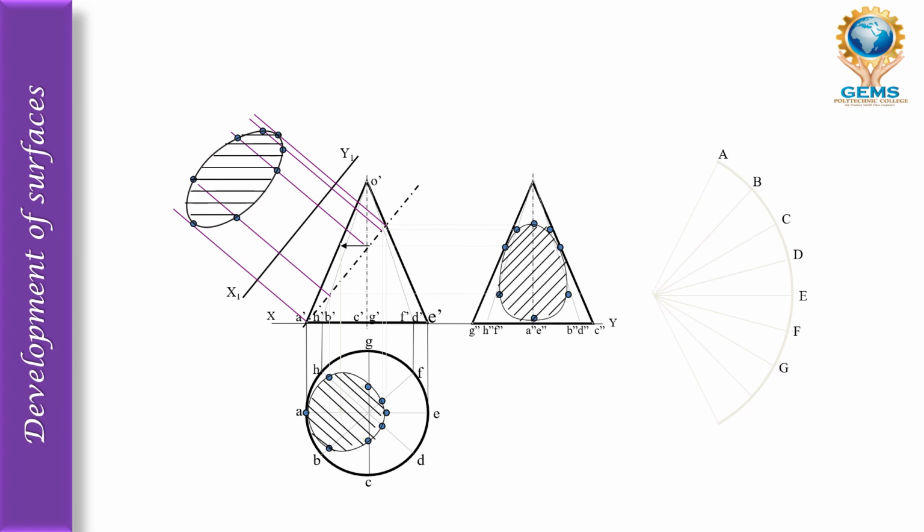Find the length and from here put the point. Now draw the arc. So this is the sectional top view, sectional side view, true shape of section, and development picture.